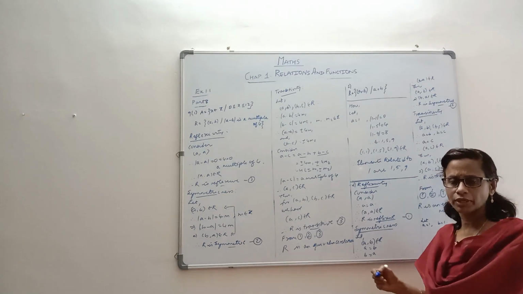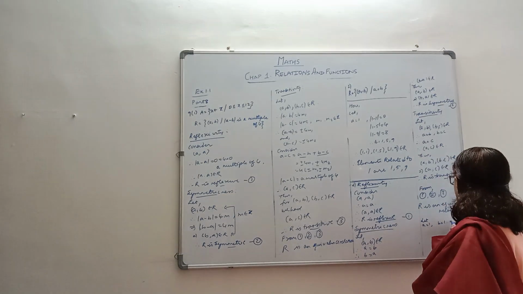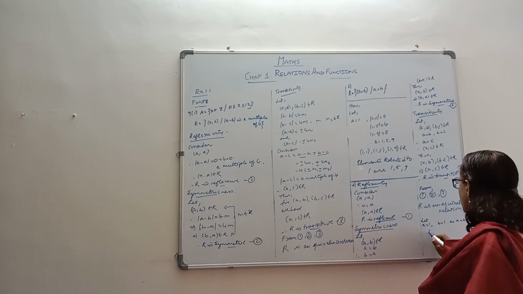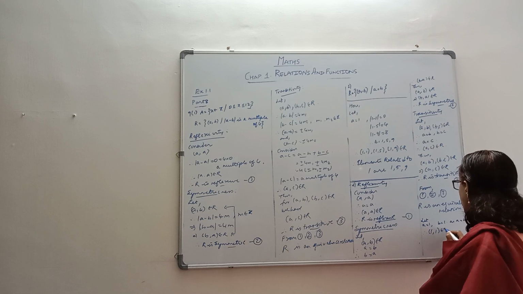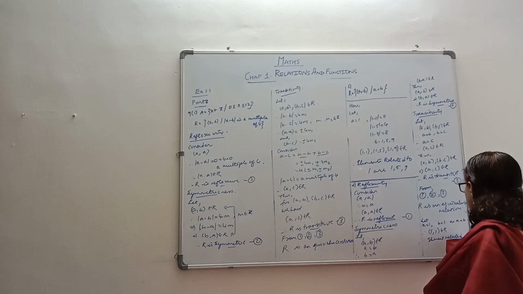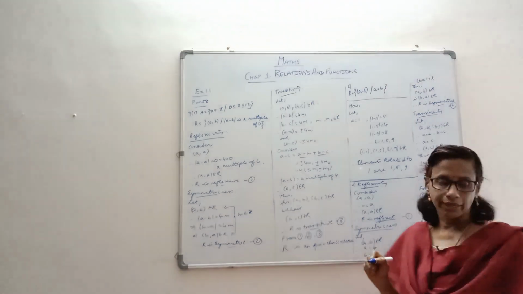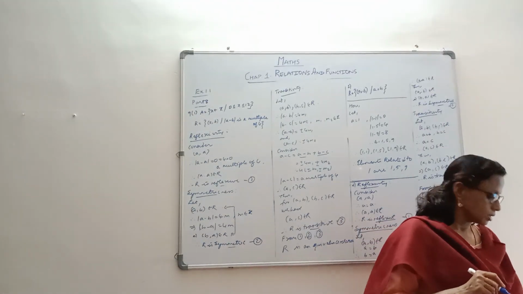Otherwise, if they have to be equal, as A equal to B. Therefore, 1 comma 1 belongs to R. Therefore, the element related to 1 is 1 only.